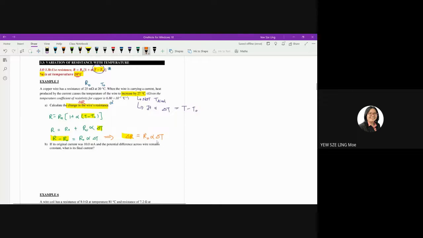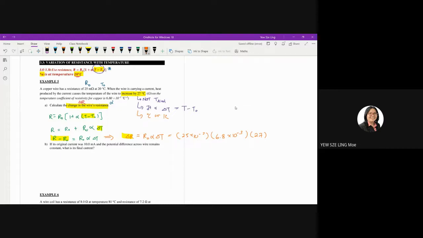So once I have the equation, I just need to plug in the values. Given R naught is 25 times 10 to the power of negative 3, alpha given 6.8 times 10 to the power of negative 3, delta T given 27 degrees C. Now, when it comes to delta T, you can use either degree C or Kelvin. It doesn't matter. Reasons I've already told you last semester.